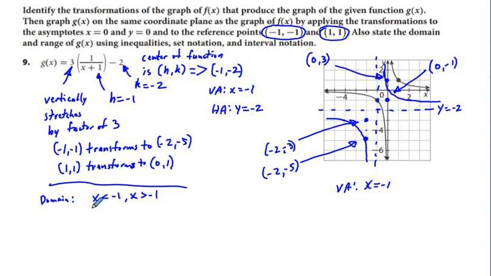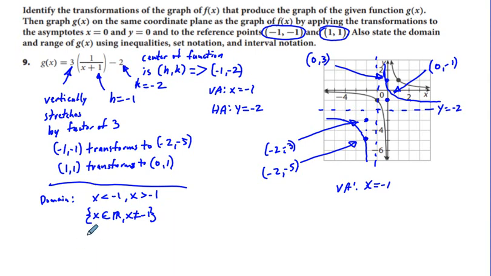In set notation, we're going to have x is an element of all real numbers, except x cannot equal negative 1.